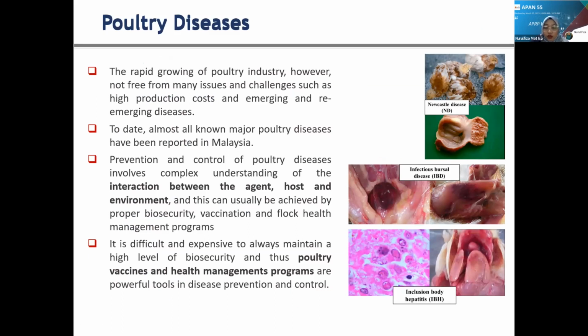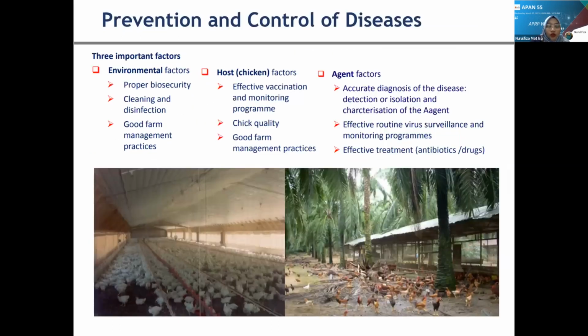It is difficult and expensive to always maintain a high level of biosecurity, and poultry vaccines and health management programs are powerful tools in disease prevention and control. So basically, these are three important factors in prevention and control of the disease.